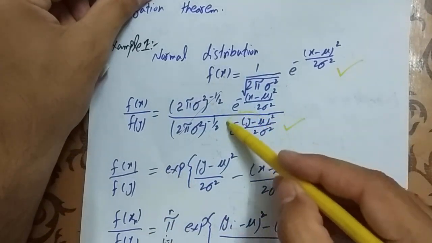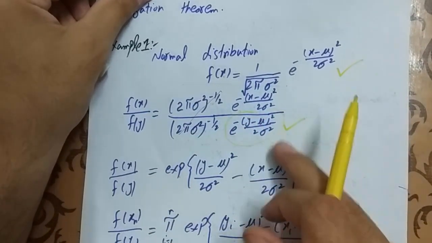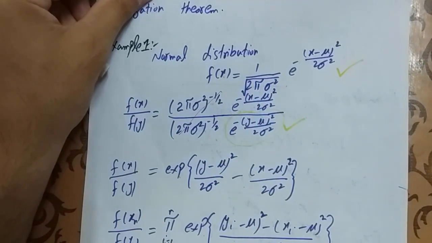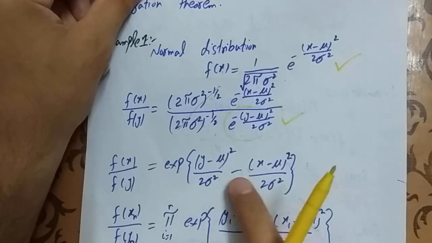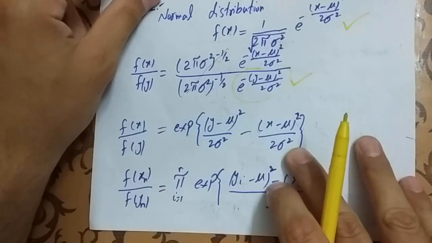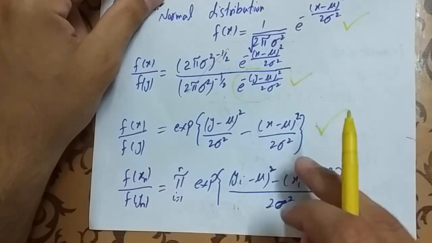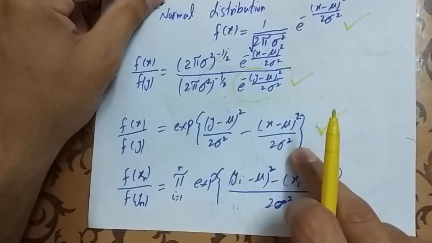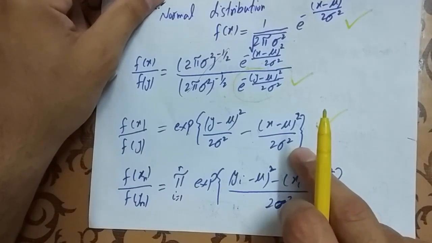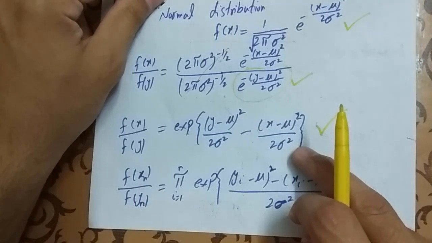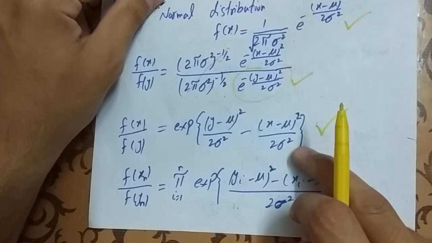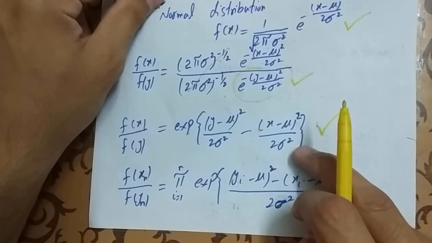Then the denominator term goes up, and e is raised to the power this minus this. Now this is the relation for only one random variable taken from the sample.